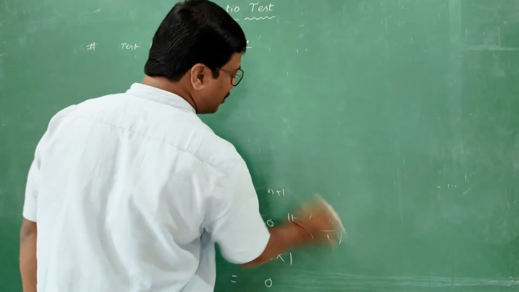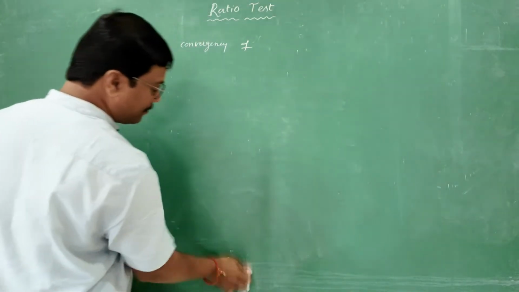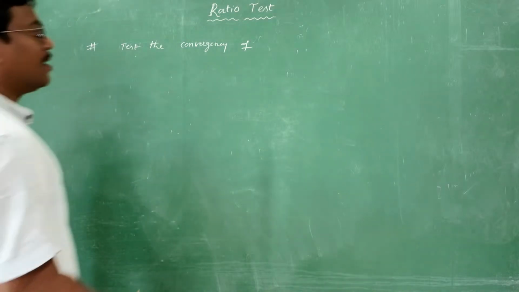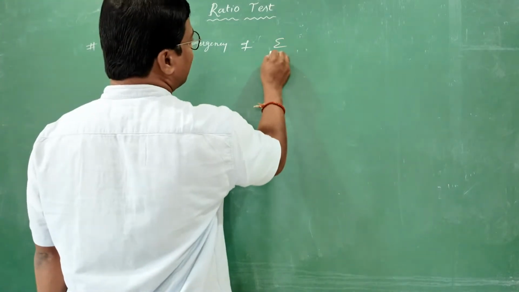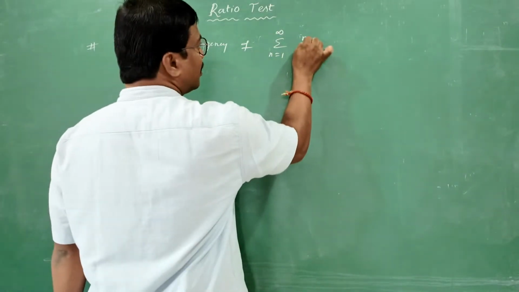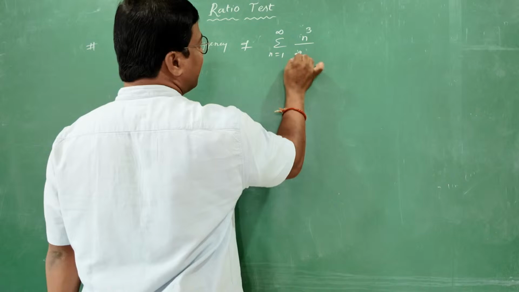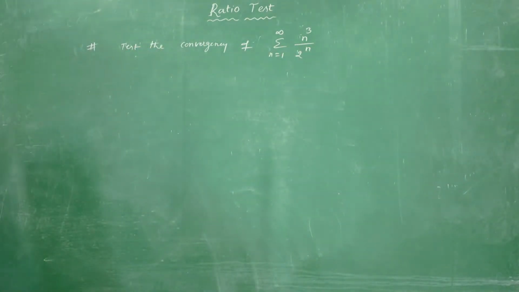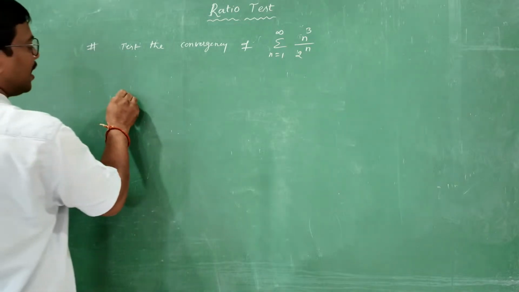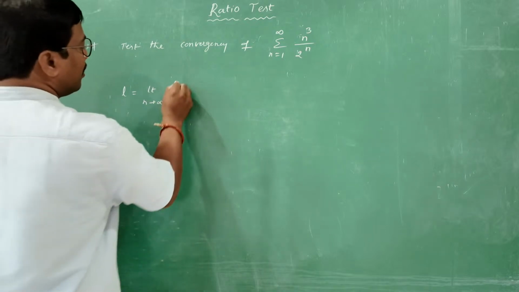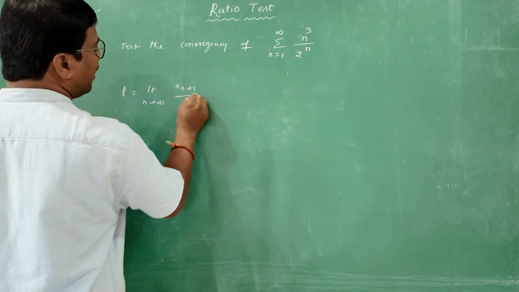Move to the third question. Suppose that summation n from 1 to infinity, un is given as n power 3 divided by 2 to the power of n. This is the question. Again, the aim is to find the limit value as n tends to infinity of un plus 1 divided by un.